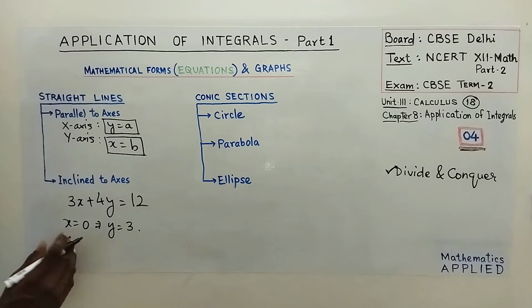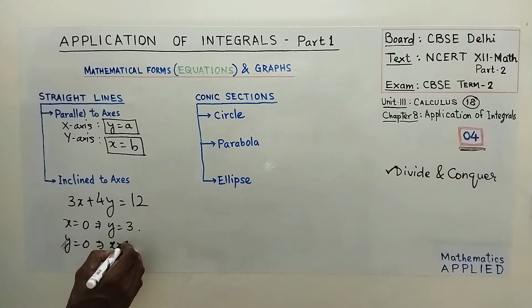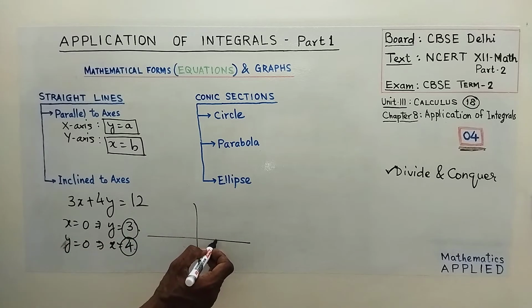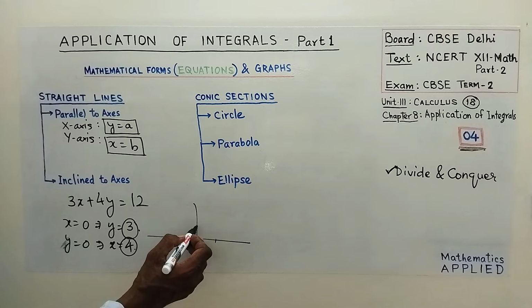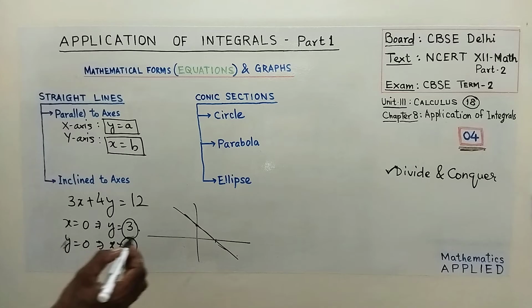And put y equal to 0, and you get x equals 4. So these are the two intercepts. Now just take x equals 4 and y equals 3, and draw the line. That's how you draw the line, and that's it, done.